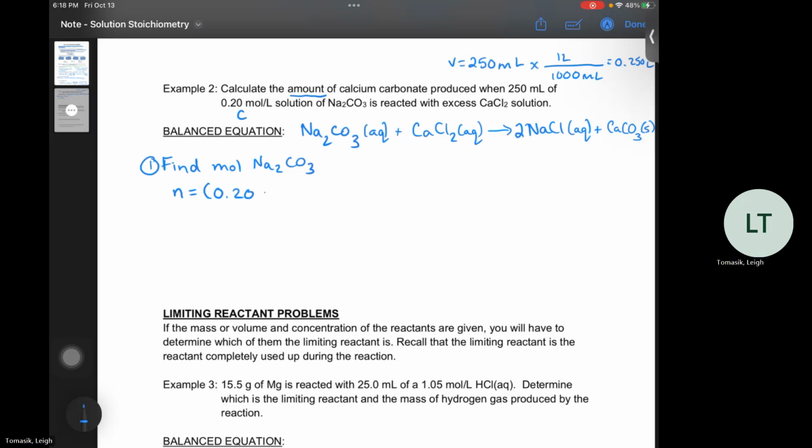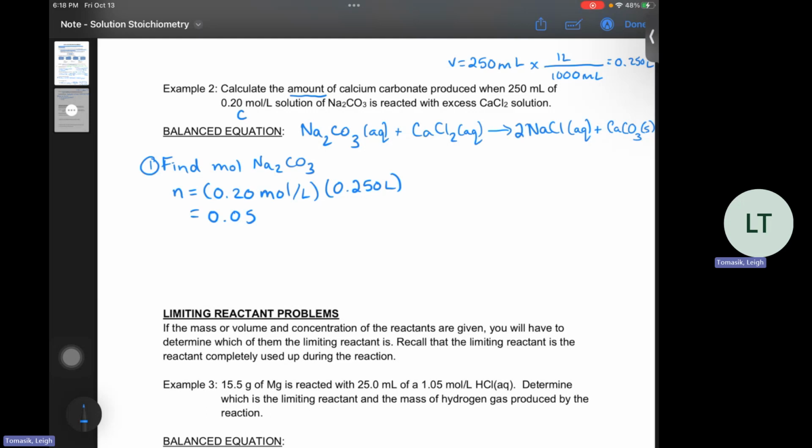Okay, so 0.20 moles per liter times 0.250 liters gives me 0.050 moles.